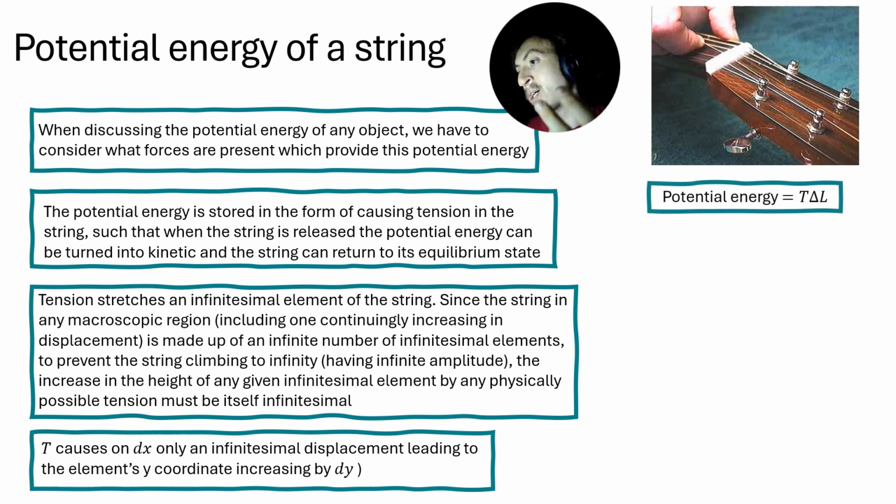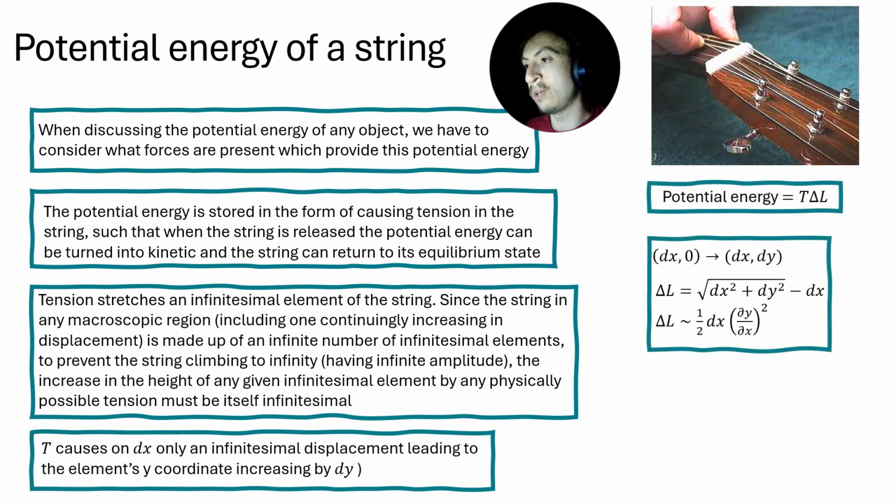We just use Pythagoras' theorem. And this new length will be the square root of the horizontal length dx squared, plus the square of the vertical length, so plus dy squared.